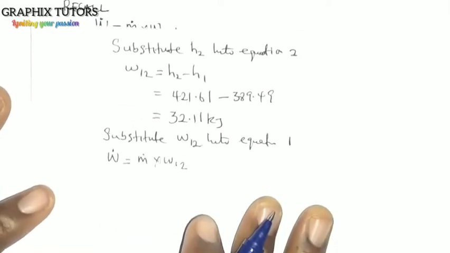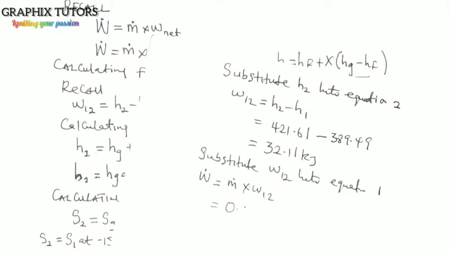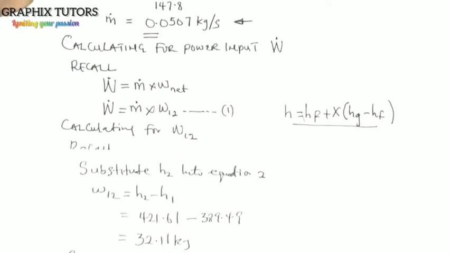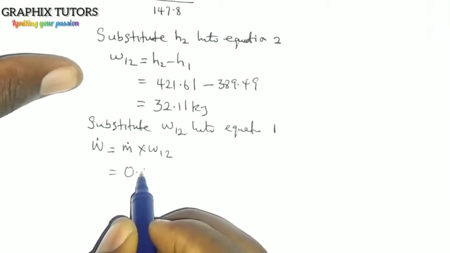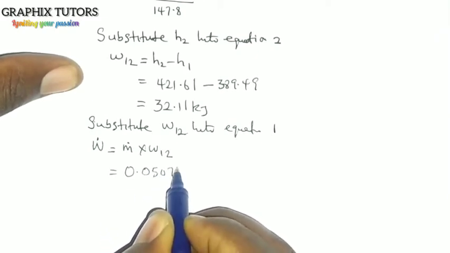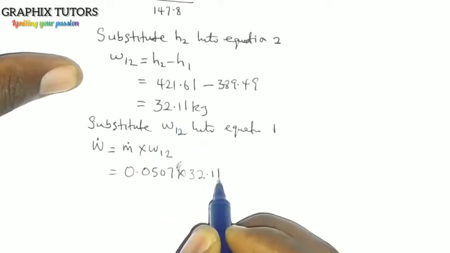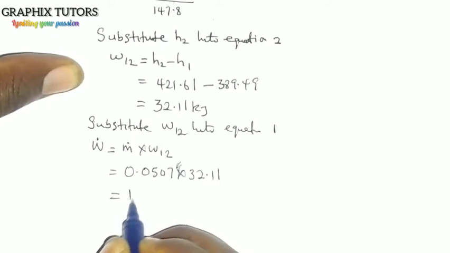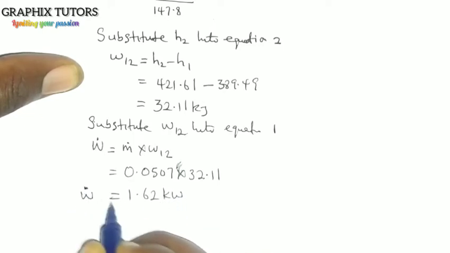My mass flow rate is 0.0507, which we had earlier. So we have 0.0507 times W12, which is 32.11. So my value will give me 1.62 kilowatts. That will be my work rate, which is the power input.